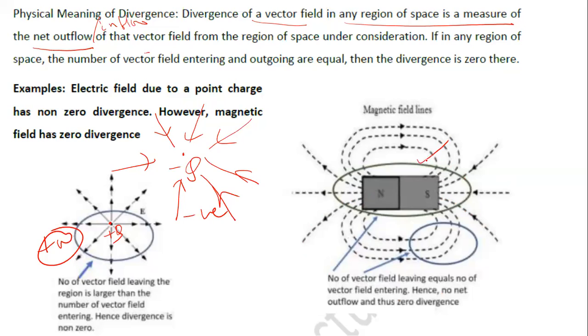If you consider the region of space bounded by this surface here, you can count how many magnetic field vectors are leaving: 1, 2, 3, 4, 5, 6, 7, 8, and correspondingly 8 of them will enter this region of space. Similarly, if you consider this region of space, you will find that 3 magnetic field vector lines are entering, and 3 of them are leaving.